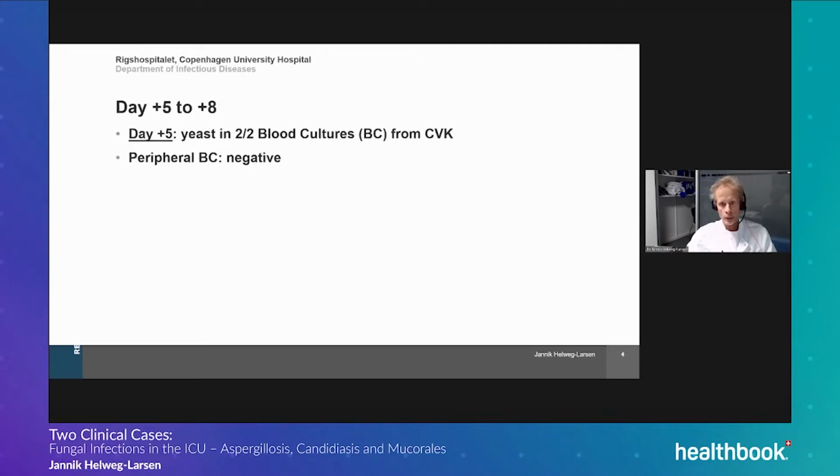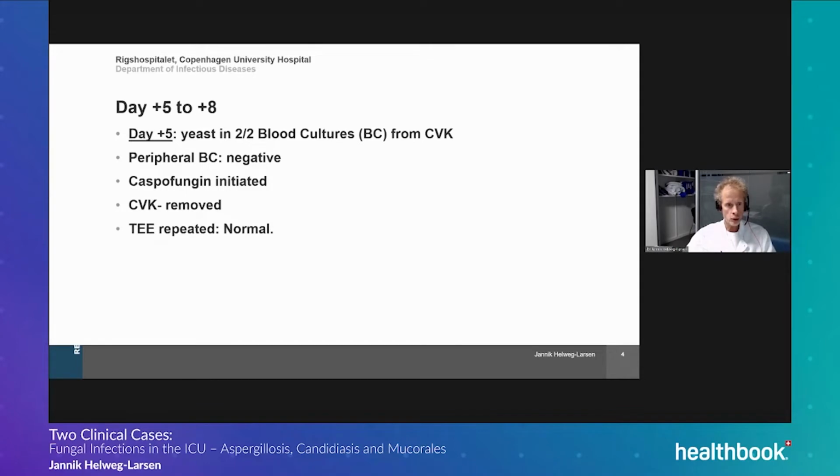So the next day, we actually find that this patient got candidemia, and it's reported to us that he has yeast in two blood cultures taken from his central venous catheter, but his peripheral blood cultures are negative. At this point, caspofungin was initiated.